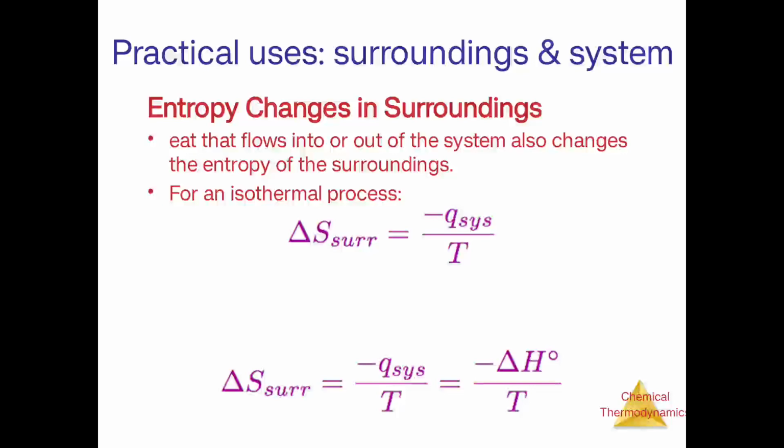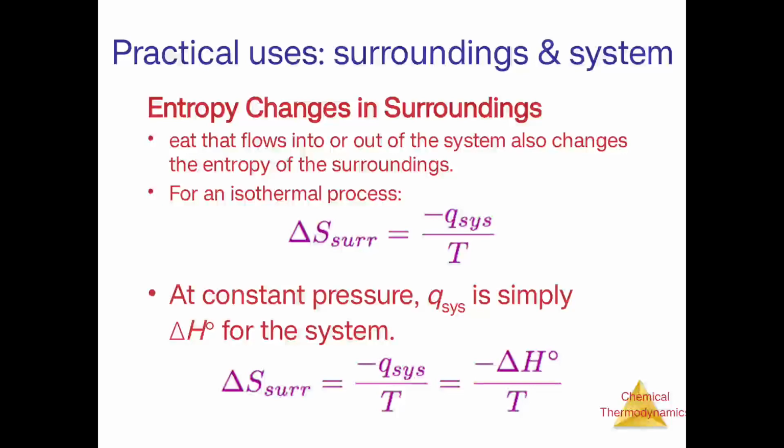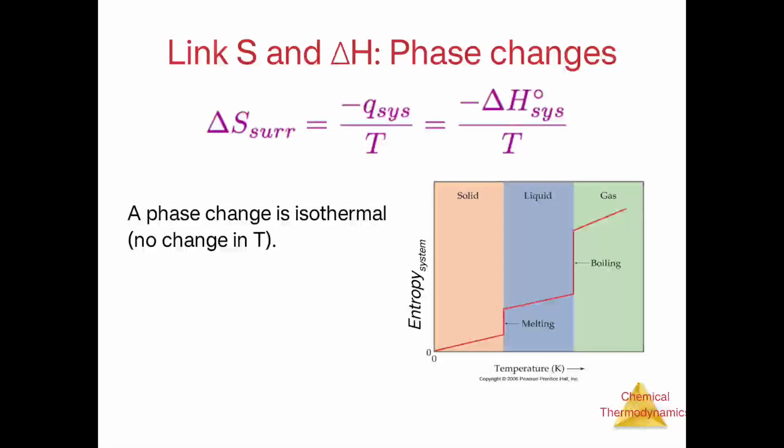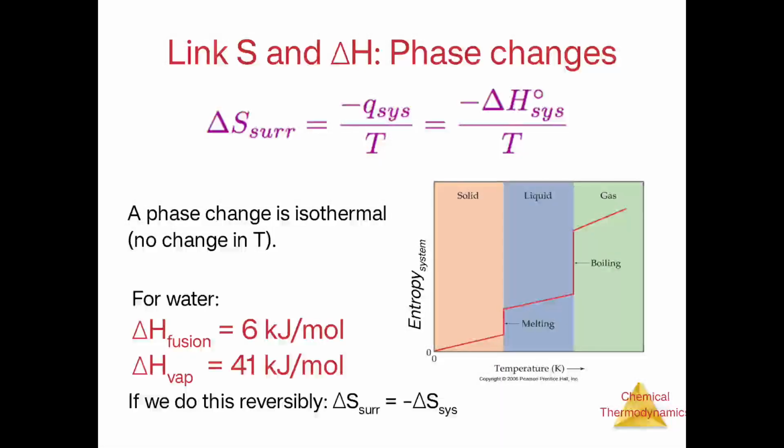That's what is given for an isothermal process, at constant pressure. Isobaric means this will be considered as a change in the standard enthalpy of the system. Simply, got it. This is how the phase change is isothermal for melting and boiling.